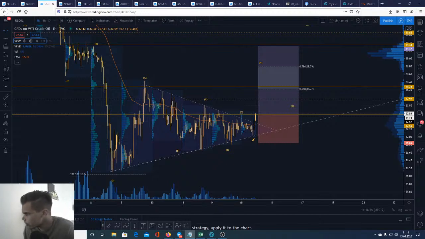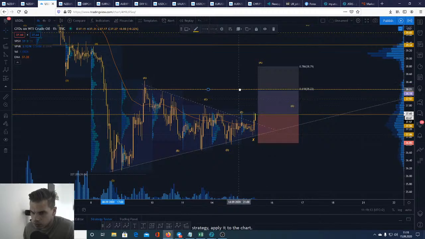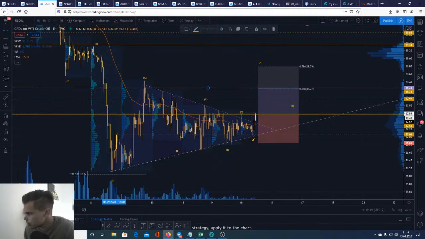Crude oil. Looks good. Okay. Entry in here, target 1 at this top here, at this 61% retracement level.